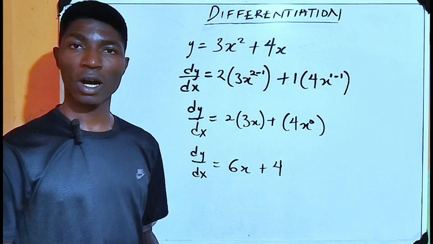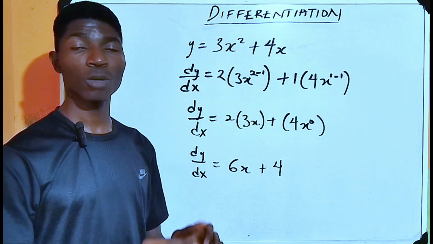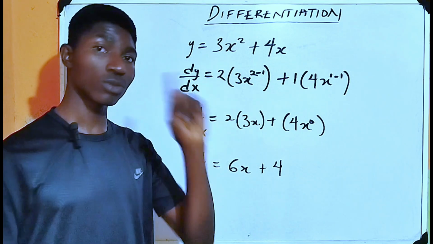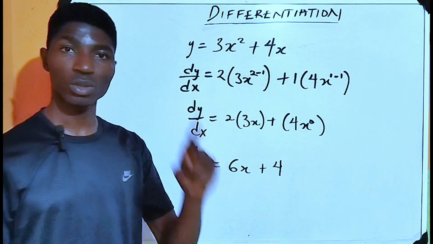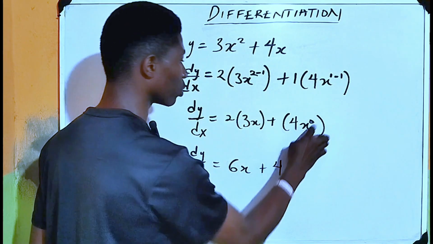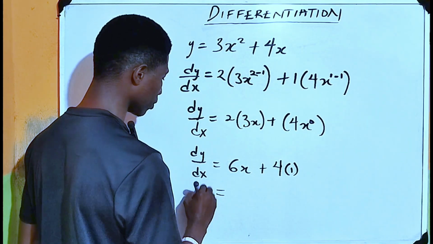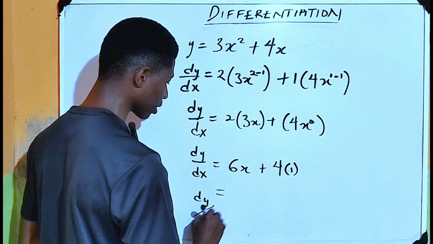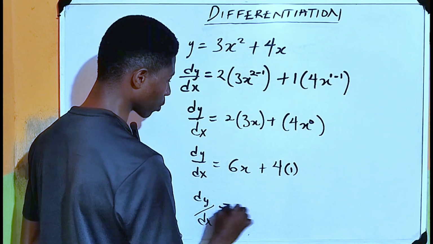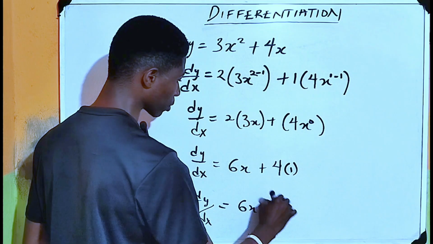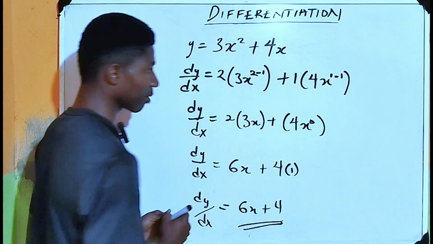Any number at all, or any variable, to the power of 0 is equal to 1. So times 1. So I have dy over dx is equal to 6x plus 4. This is my final answer.